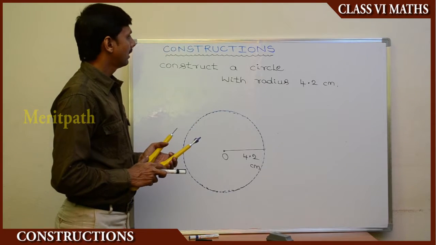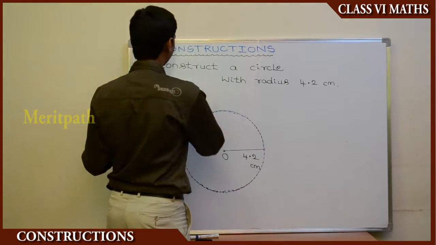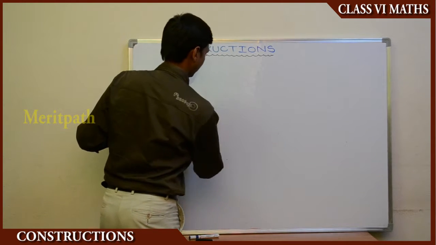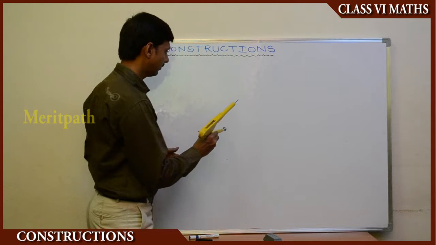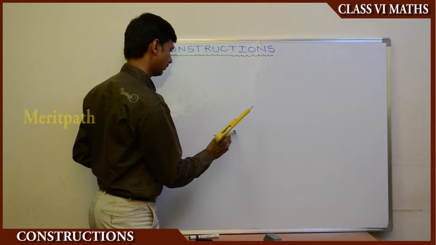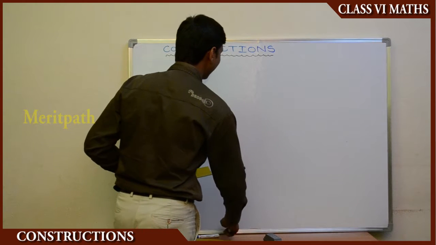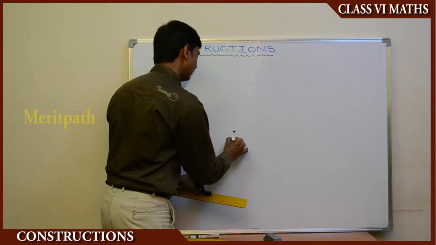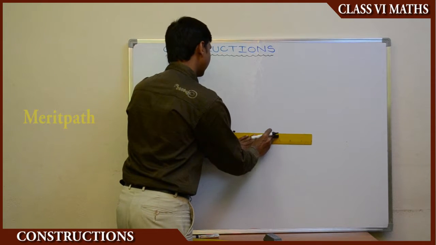So let's draw a circle. Let's take a point first, and using this point we'll make a line segment. Let's name it as point A, and draw a line segment using this.